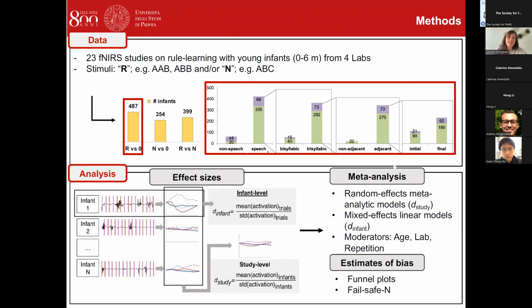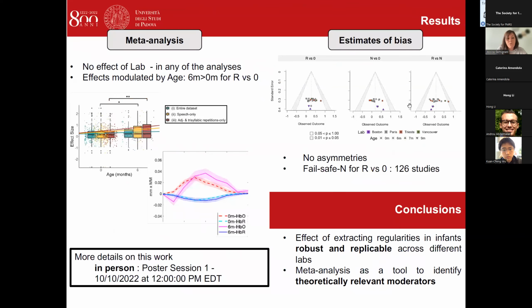Then for the meta-analysis, we investigated the moderators age, lab, and type of repetition, while we employed funnel plots and fail-safe number to evaluate the existence of a potential bias in the published literature. What we found was a strong effect of age when comparing brain responses to repetitions with the 0 baseline, with 6 months old displaying a stronger activation in the left temporal area compared to newborns.